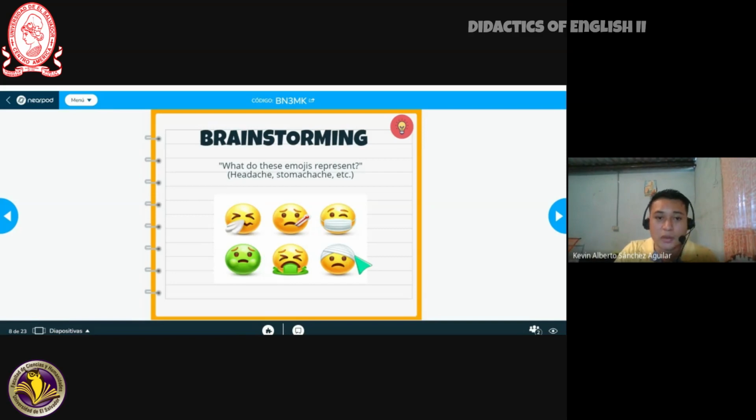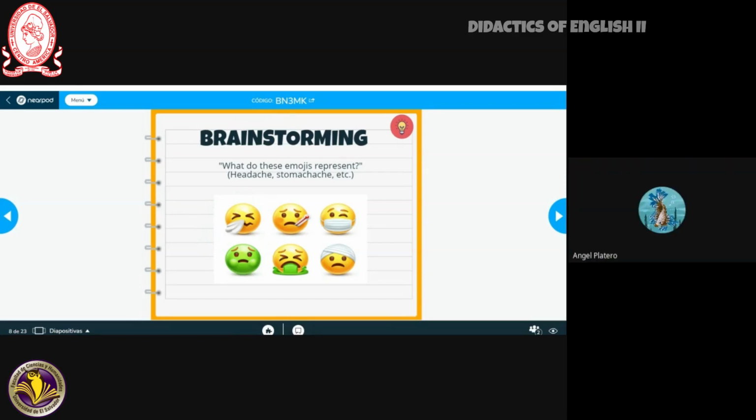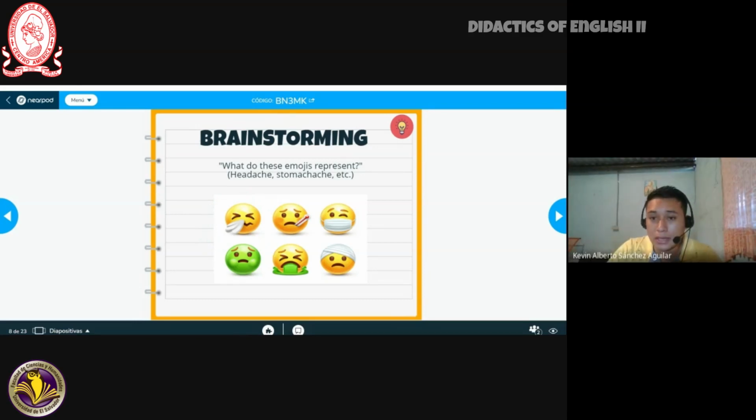So here, guys, we have some emojis, and I want you to tell me what is the representation of each emoji. So if, for example, the first one you consider is a backache, a sore throat, the flu, please, guys, let's practice in the chat, or you can open your microphone. But if you want, you can participate through the chat as well, and there won't be any problem. Okay. So tell me, we have six different emojis, and I want you to tell me what they represent.